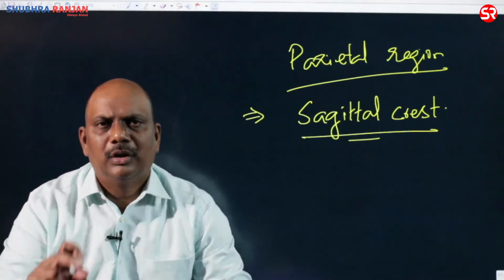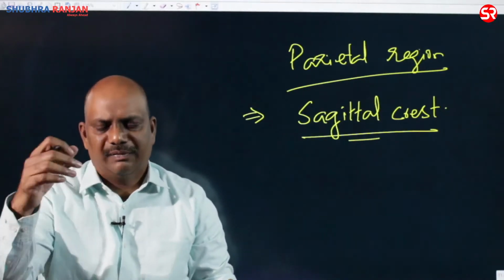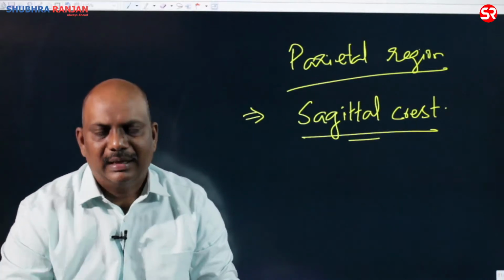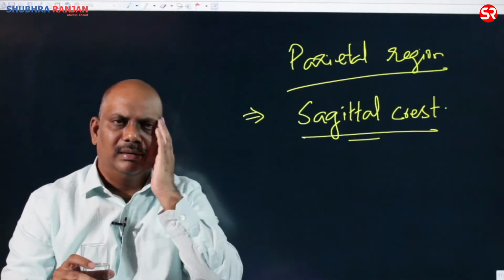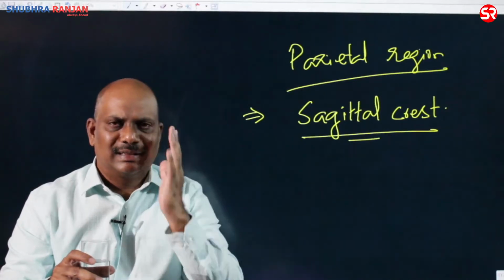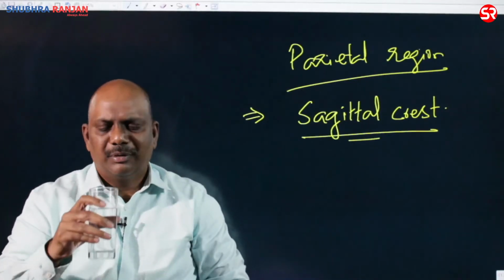There is one small box in your notes after the sagittal crest. There I request you to draw a diagram of a skull. I'll show you how to draw. It's very simple.